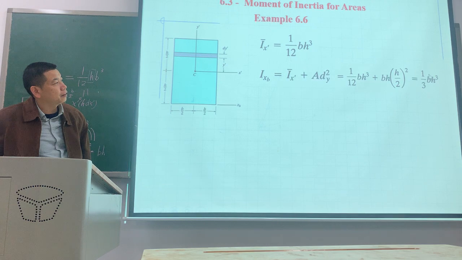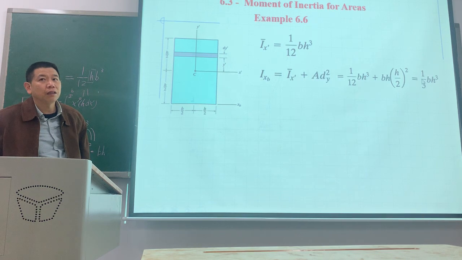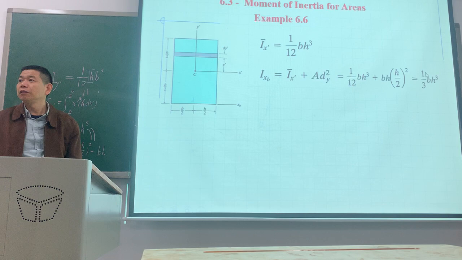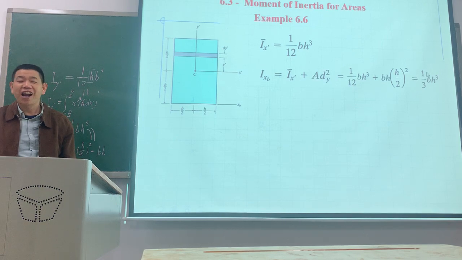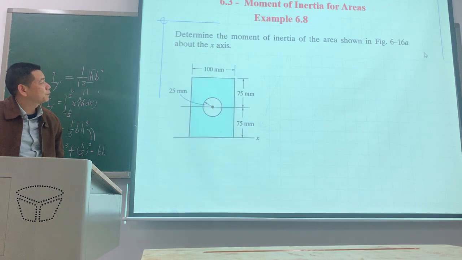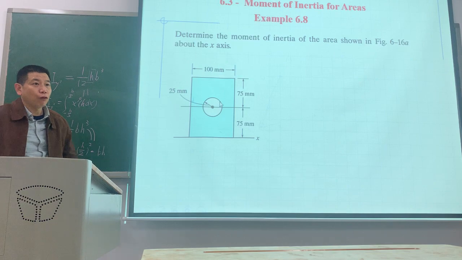Oh, we get the same result, one third b h to the third power. Understand? Okay, it's an example. I have to introduce the moment of inertia for a second.